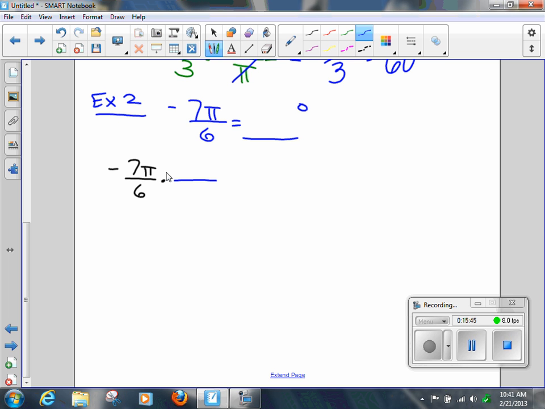I have to have my pi on the bottom, which means 180 is on top. The pi's cancel. Folks, you're just multiplying fractions. What is negative 7 times 180? Divided by 6, which is negative 210 degrees. Is that right? Yes.